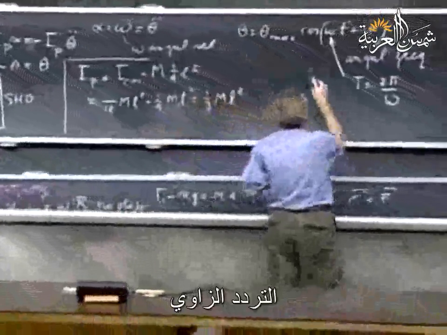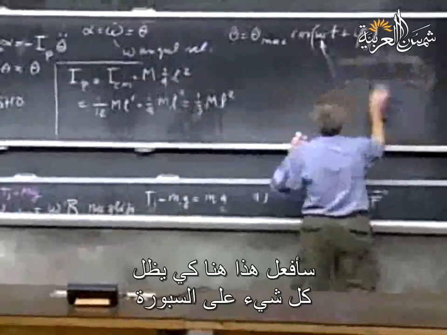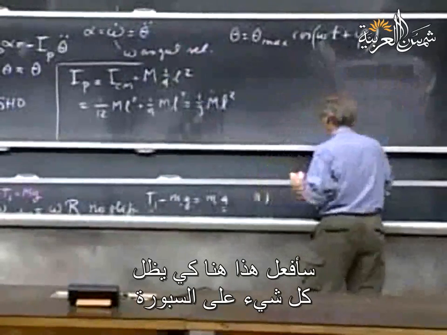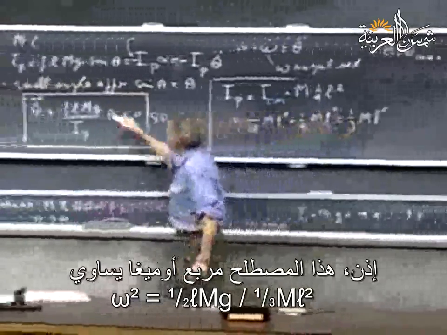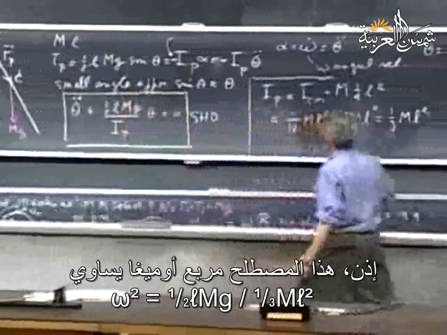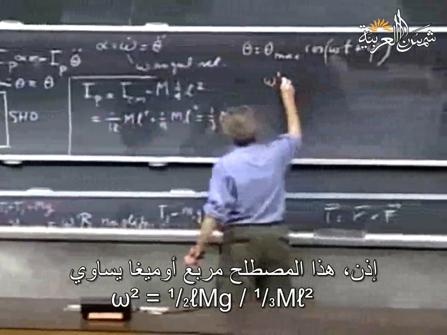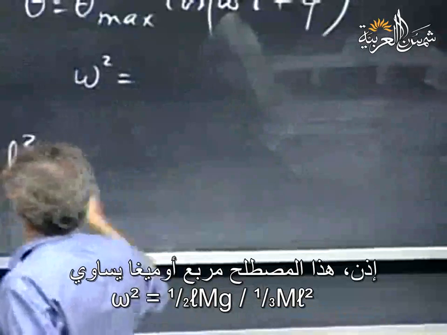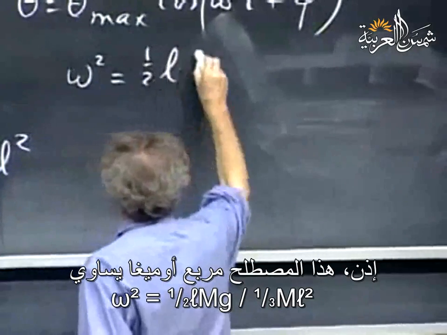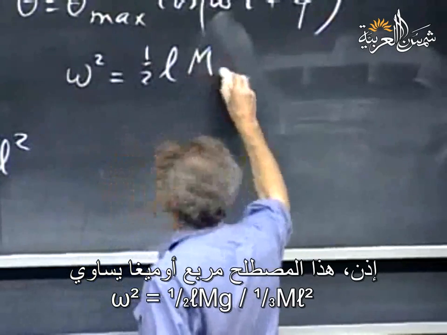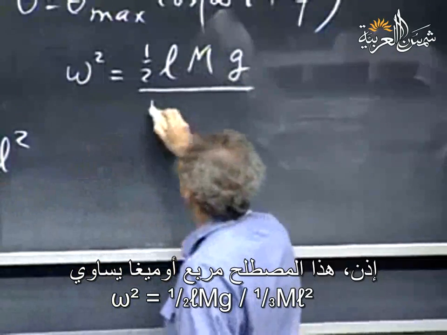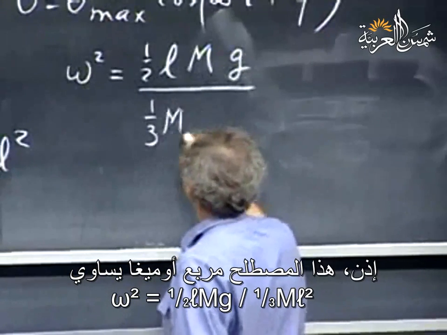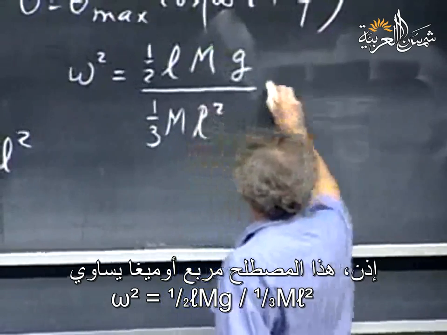So I know now what I of P is, and so now I can solve for the value for omega, the angular frequency. I'll do that here so that we keep everything on one blackboard. So this term here, which is omega squared, equals 1/2 L m g divided by 1/3 m L squared.